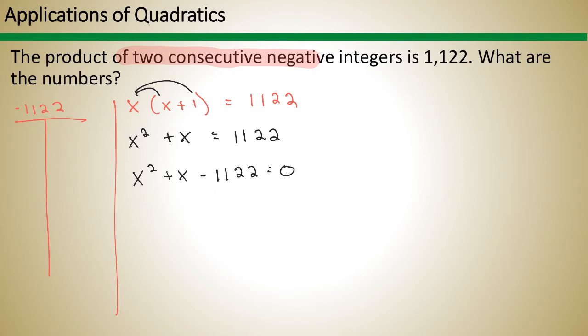so if I divide by 1, I get 1,122. I'm way off right now. So I'm going to skip ahead a little bit and try 10. If I divide this number by 10, what do we get? That's a decimal, so let's try 11. If I divide by 11, we get 102, so we're still way off.